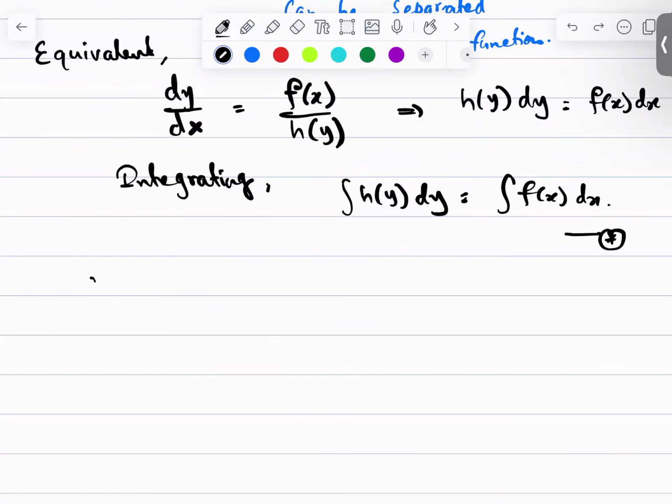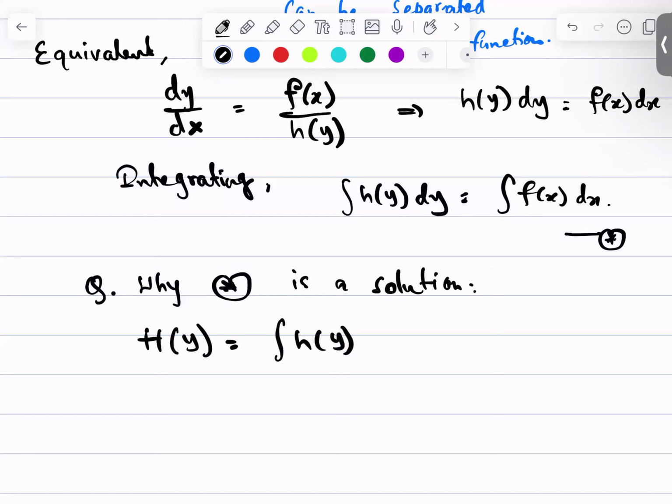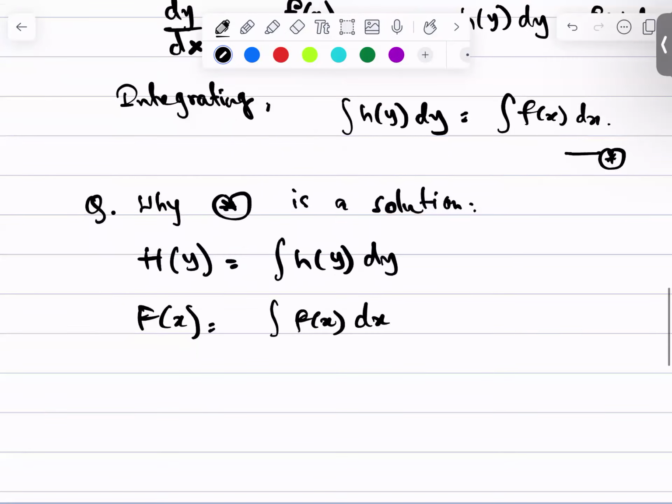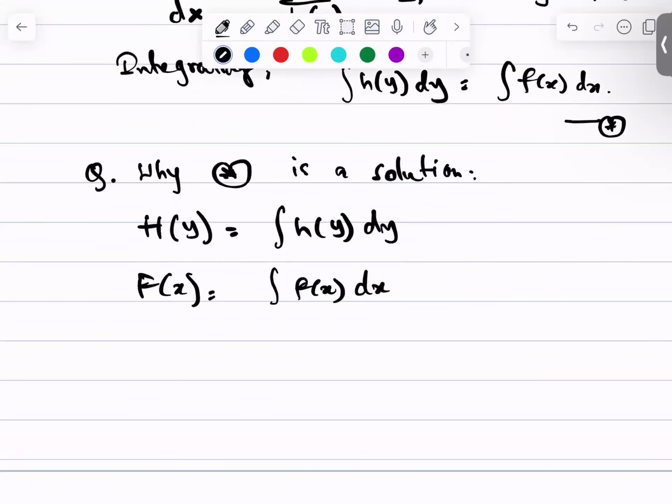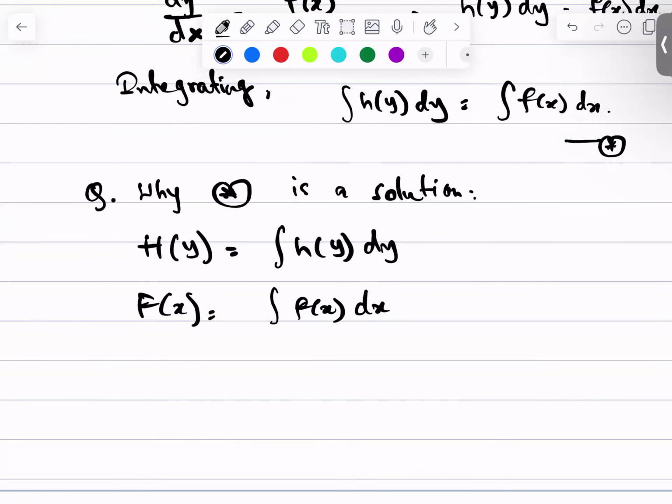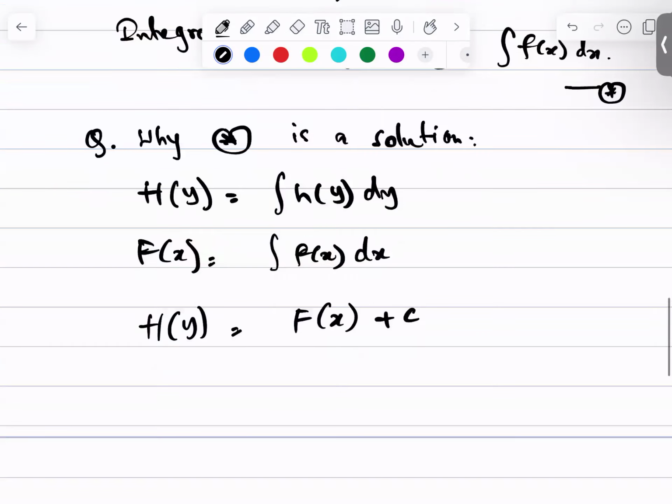So the next question might be why star is a solution. Because if I name capital H(y) as the integral of small h(y) dy and capital F(x) as the integral of small f(x) dx, then I can see from star that H(y) is capital F(x) plus c, right?